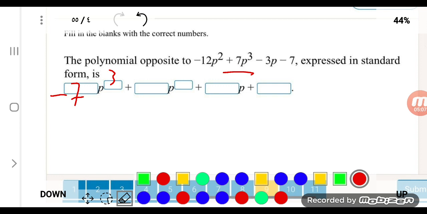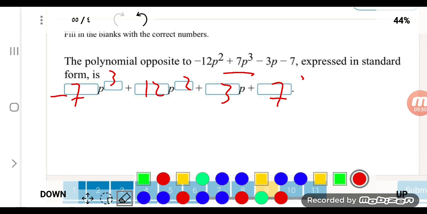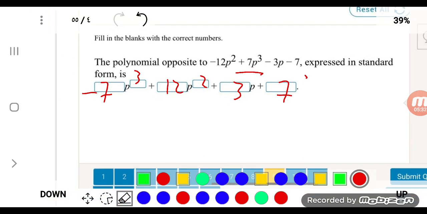Opposite means minus 7. So next, here you have minus 12p squared, it becomes plus 12p squared. Then what about p? Here you have minus 3p, so you have to write it plus 3p. And here you have minus 7, you have to write it plus 7. And that is the answer.